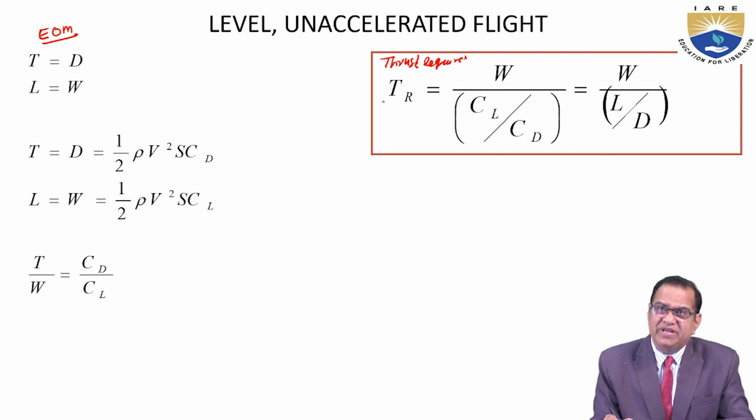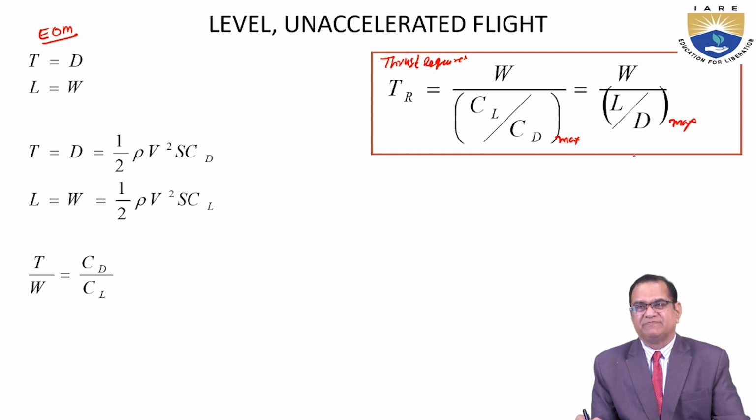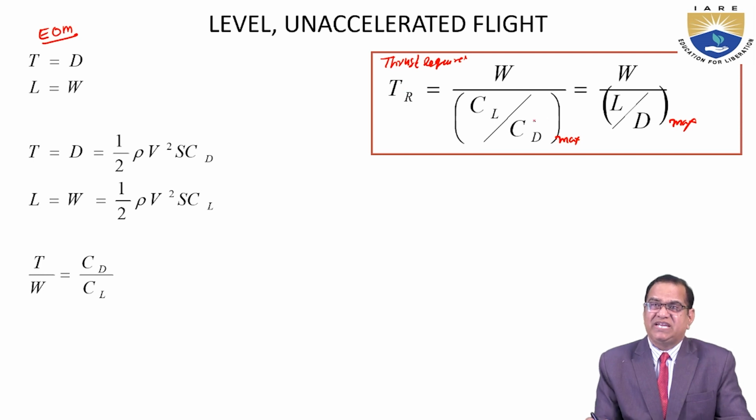So if we need the minimum thrust required, then CL by CD should be maximum. So to have the thrust required minimum, we need CL by CD maximum.